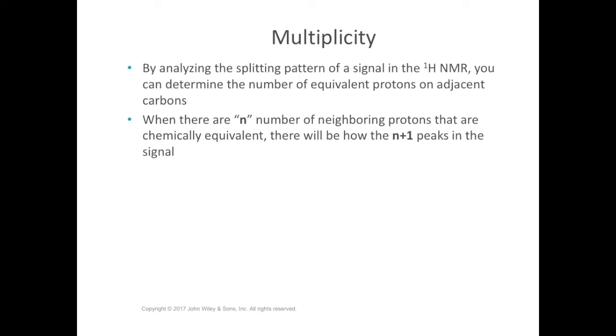And this is where we get the N+1 rule, where the splitting pattern is the number of neighboring equivalent protons plus 1. So in that last example, there were 3 neighboring protons, and we got a quartet. So 3 plus 1 is 4, hence the quartet.